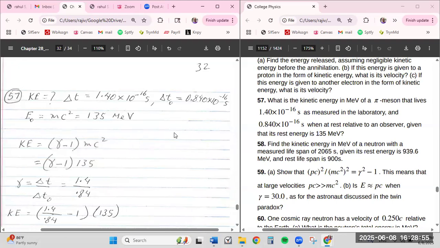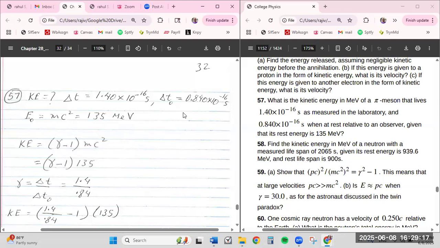Okay, so this is what we have. You have to figure out kinetic energy. So you have to be able to distinguish which one is delta t, which one is delta t naught. Delta t naught, the proper time, is the time measured by an observer at rest with respect to the event.